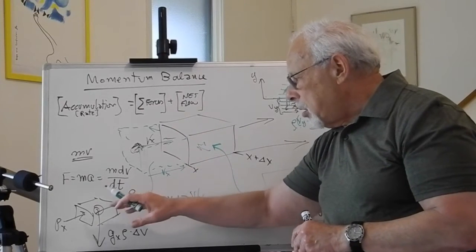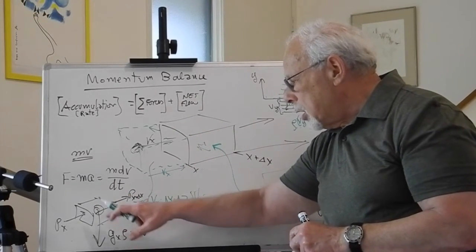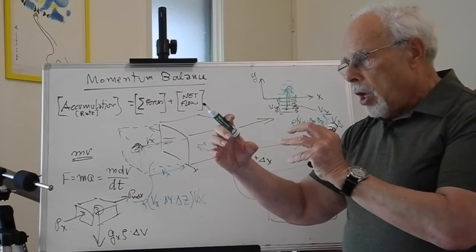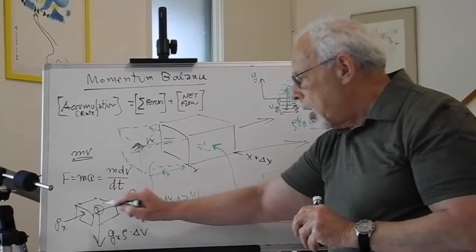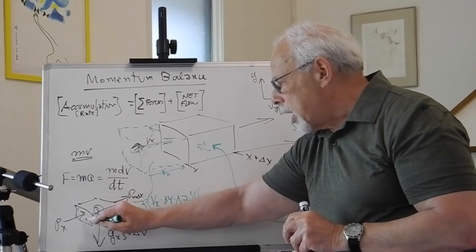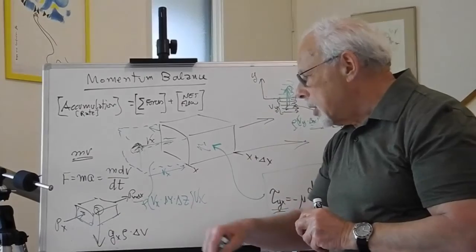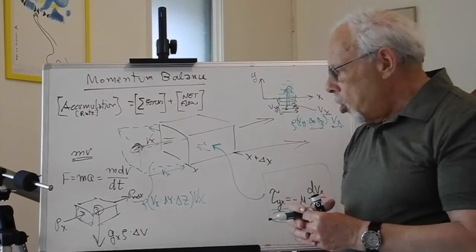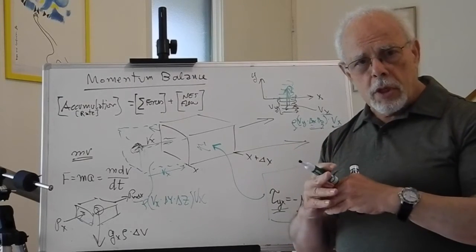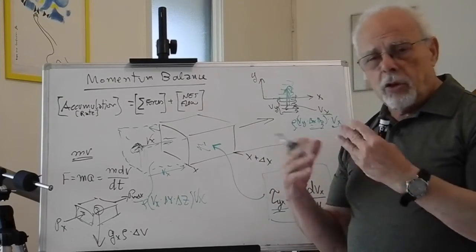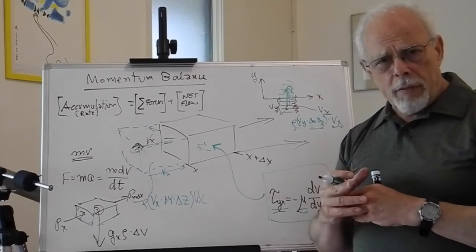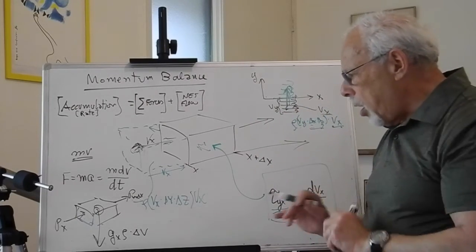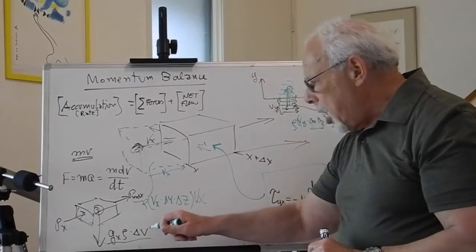So the net is the difference between those 2 pressures because they apply on the same cross-sectional area, which in this case is dy times dz. And we have to add to this non-surface forces, which can be electromagnetic or gravity. Let's put electromagnetic out of the equation right now and just account for gravity.